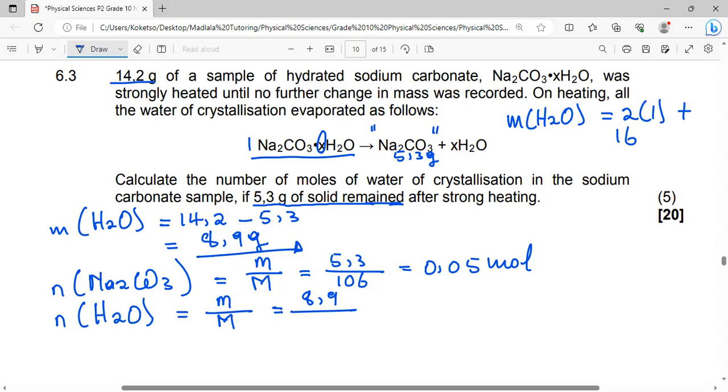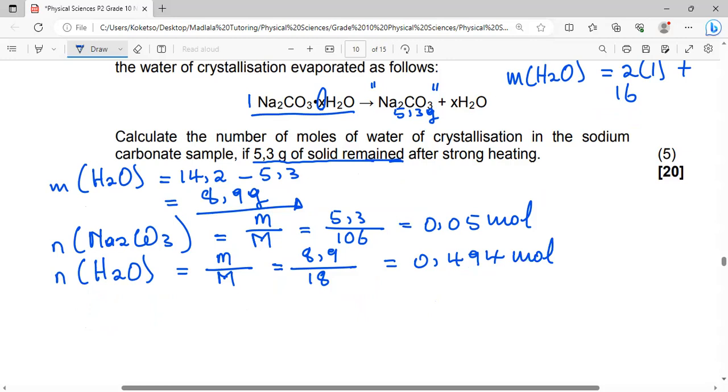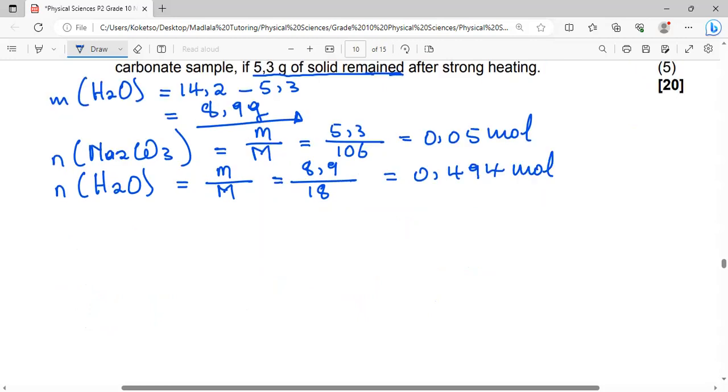So 2 times 1 is 2, plus 16, it means the molar mass is going to be 18. So let's see how much we get. So we are just going to get 0.494. Let's take it to 3 decimals. Moles, like that.